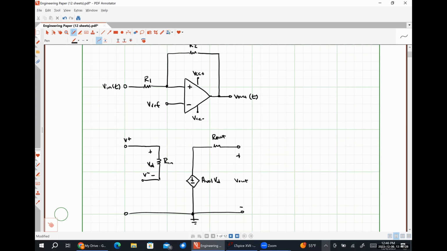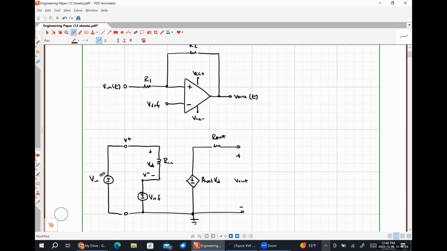I have my reference voltage connected between my inverting input terminal and ground, so that's going to look like Vref down here. I have my input voltage source connected between my non-inverting input terminal and ground. Over here, let's just call it Vin for now.